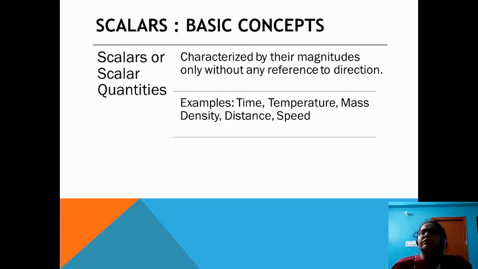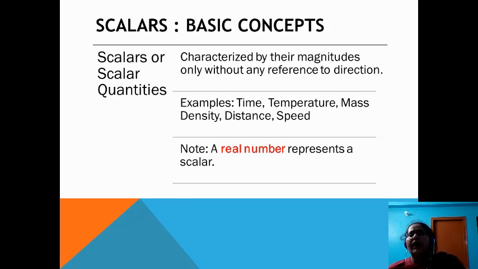But anyway, we can easily understand that there is no concept of direction associated. Okay, and now actually a real number is a scalar because again it's just a number, there is no direction associated, and in fact a real number represents any scalar.